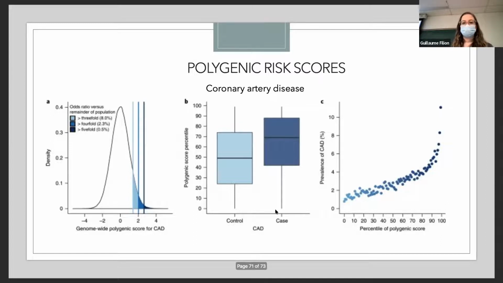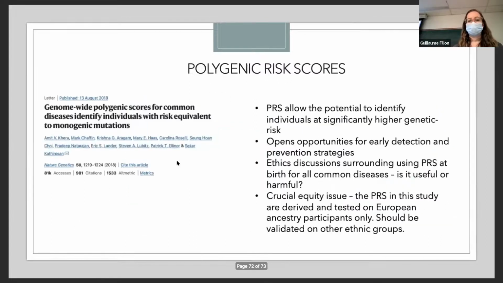Great. Any other questions? Okay. So let's just finish up this example. Polygenic risk scores show potential for identifying individuals that have a higher risk of a certain genetic disorder or disease. And so it opens up opportunities for early detection or prevention of different diseases.